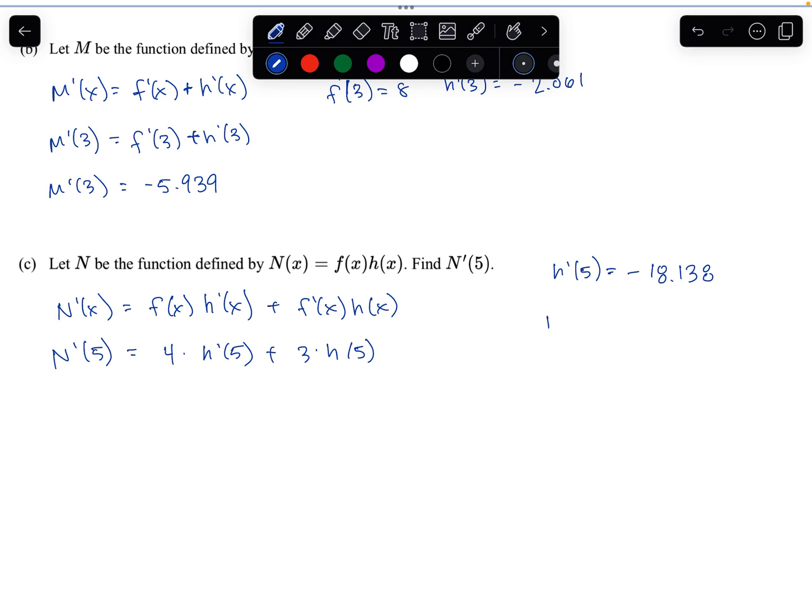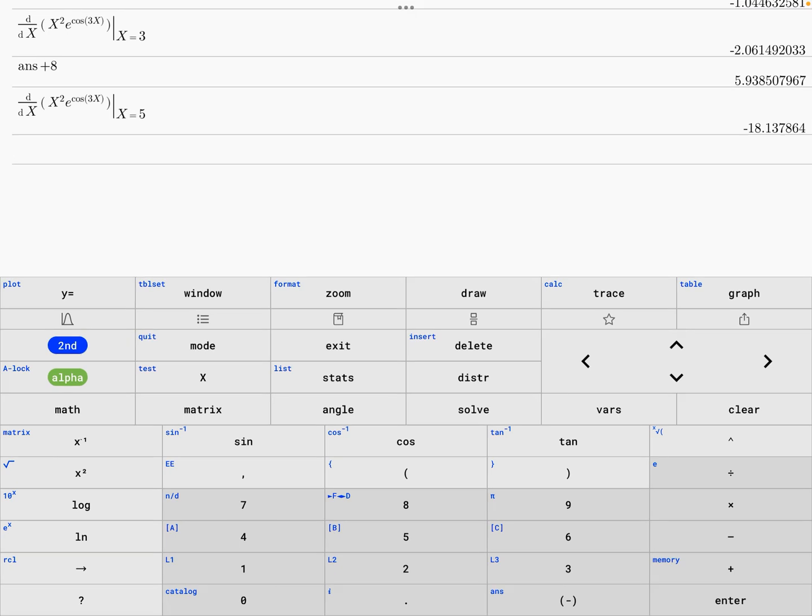And then we need h of 5. I'm going to do a kind of a trick here. I'm going to store 5 into my variable. So I type 5, and then on the left side where you see that arrow pointing to the right, I click on that, and then I click the variable button and click enter.